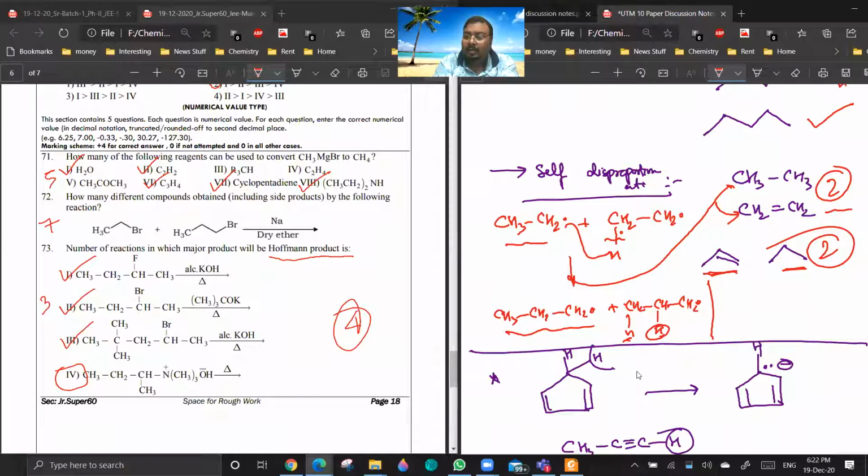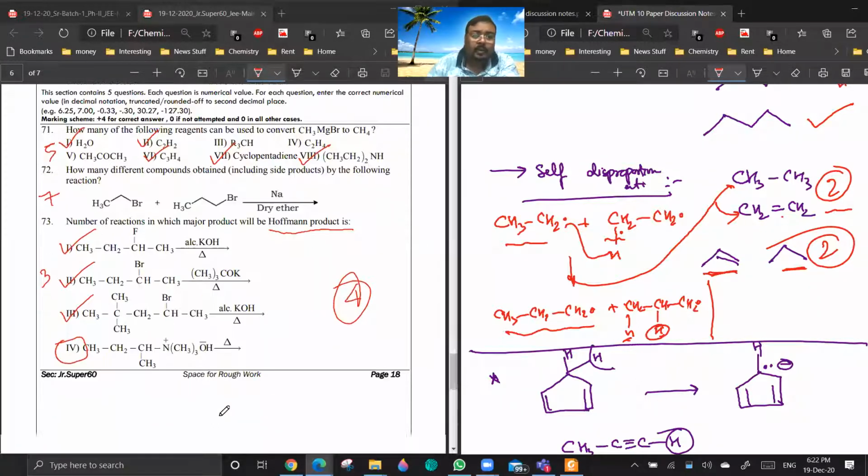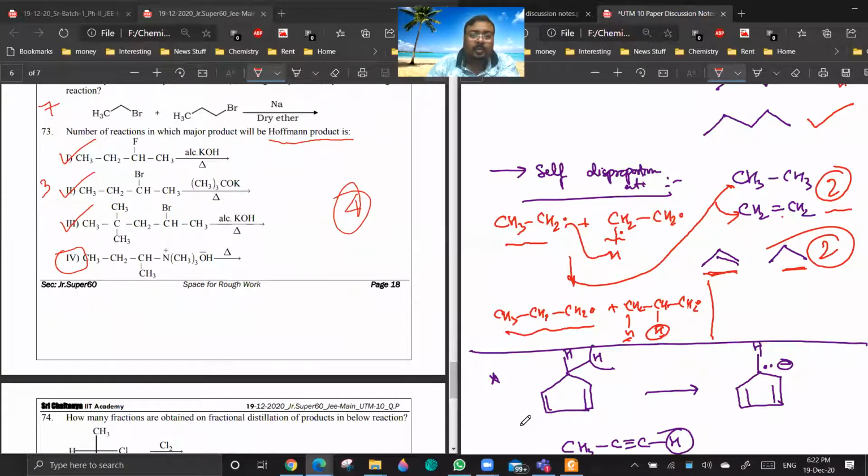Like this radical can react with this alkene to give a longer chain radical. So generally they are considering the stable byproducts only. Are you getting a point? Yes, sir. Okay. So 73, the answer should be 4.